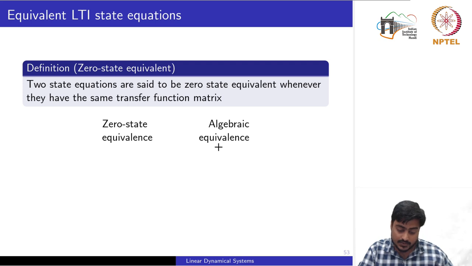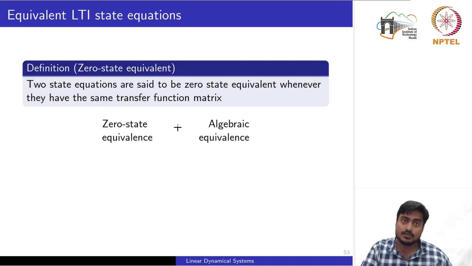The first implication is that algebraic equivalence always implies that the two representations have zero state equivalence, because it is a property of algebraic equivalence that they have the same transfer function. And we have defined zero state equivalence as having the same transfer functions. So this implication always holds.